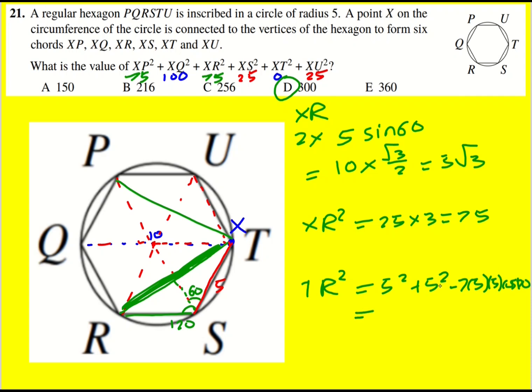That is going to be 25 plus 25, which is 50, minus 50 times cos 120. Just need to think through that one. So cos 120 will be the same as minus cos 60, and that is a half. So I'm going to get minus a half here. 50 plus 25 gives us 75, as we had before.